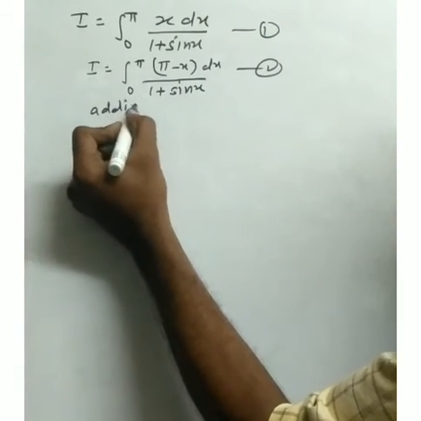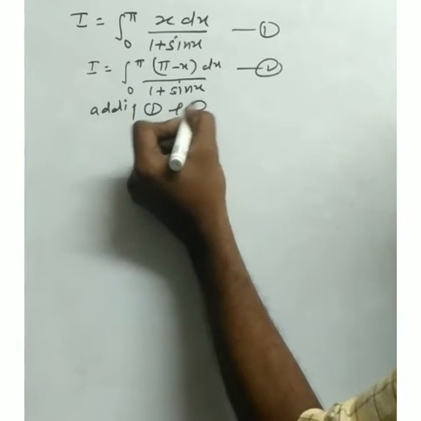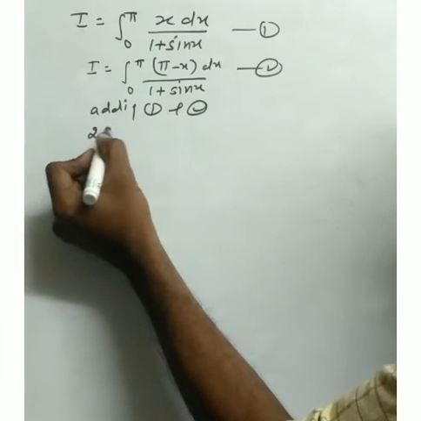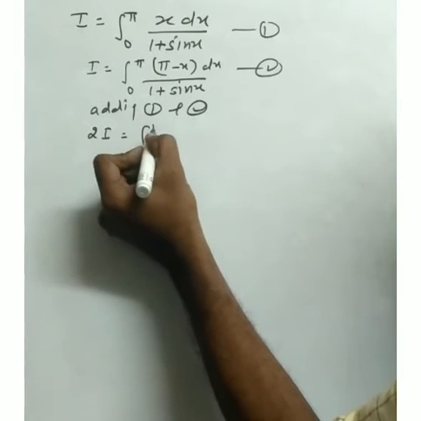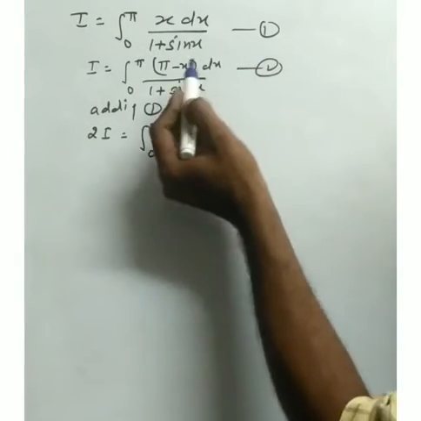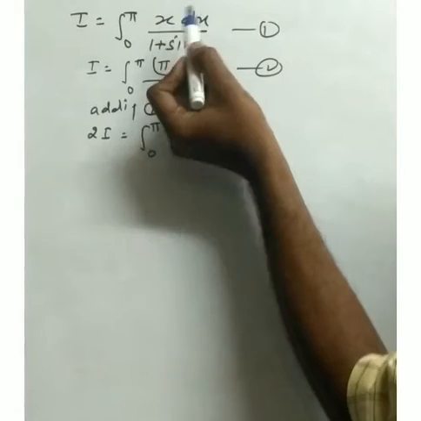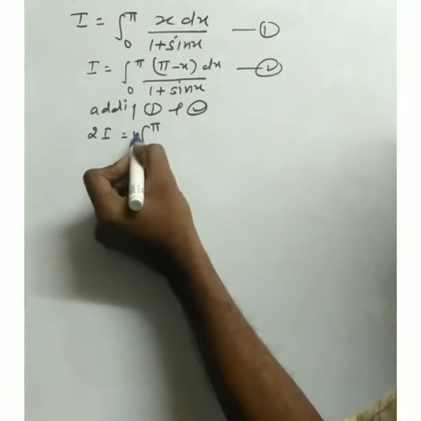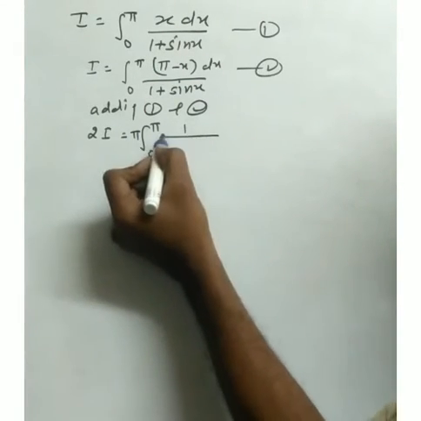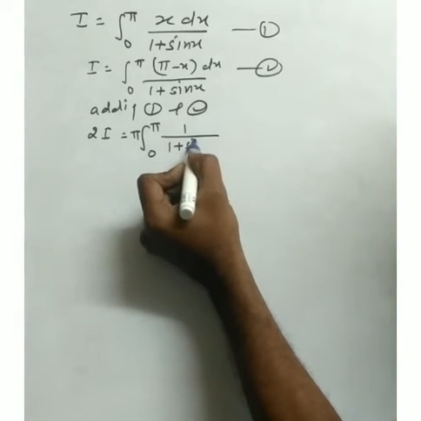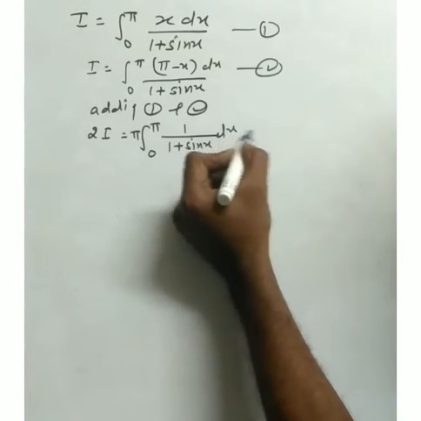Adding first and second, I plus I is 2I, 0 to pi. Pi minus x plus x becomes pi, which is taken out of the integration sign. 1 upon 1 plus sine x dx.